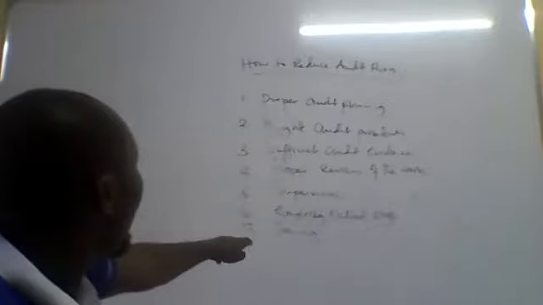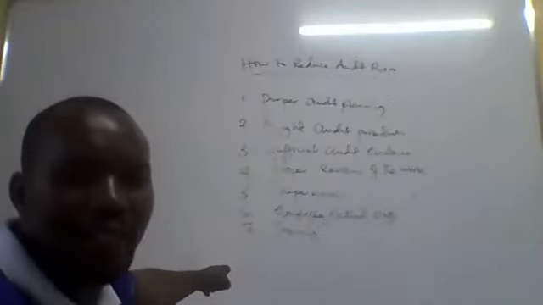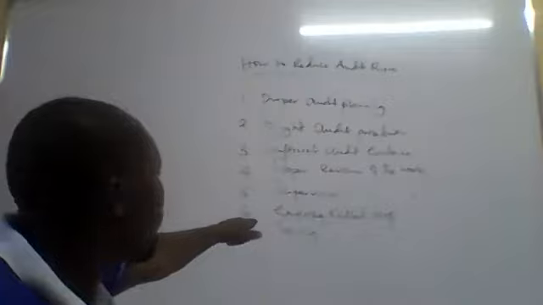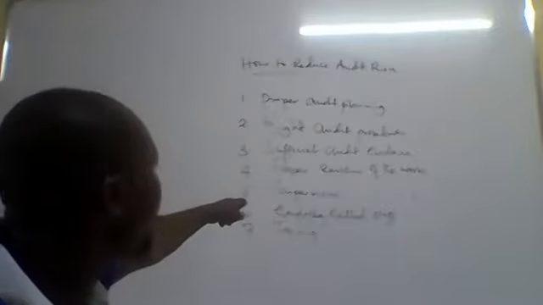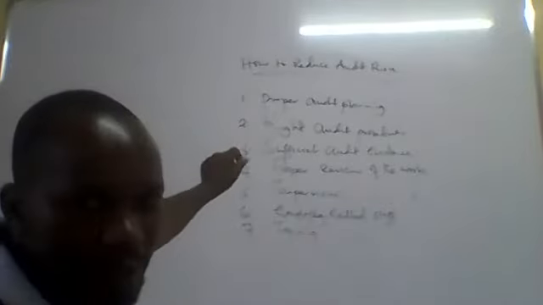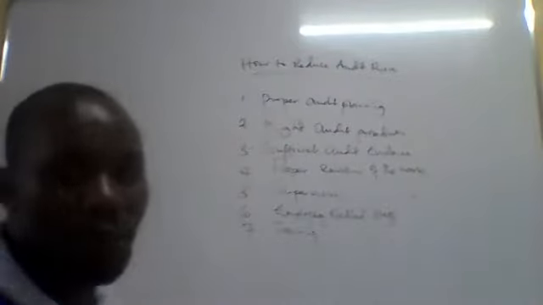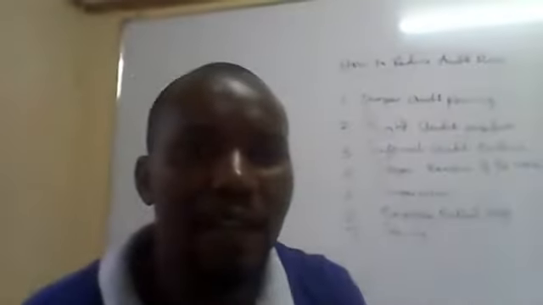You can reduce the audit risk by, number one, training staffs properly. Number two, employing skilled staffs. Number three, supervision, review of the audit work, sufficient evidence during audit work, then the right audit procedures. Which one again?